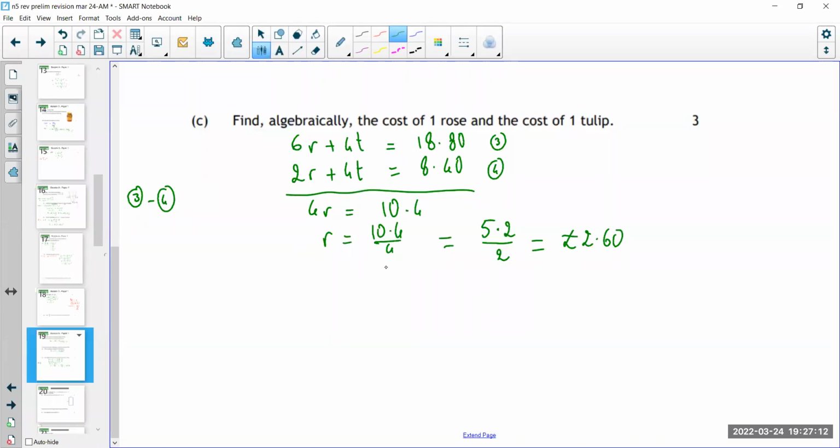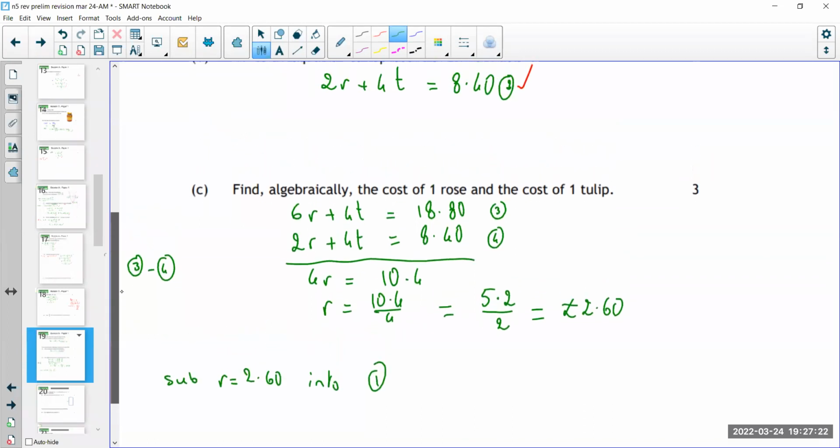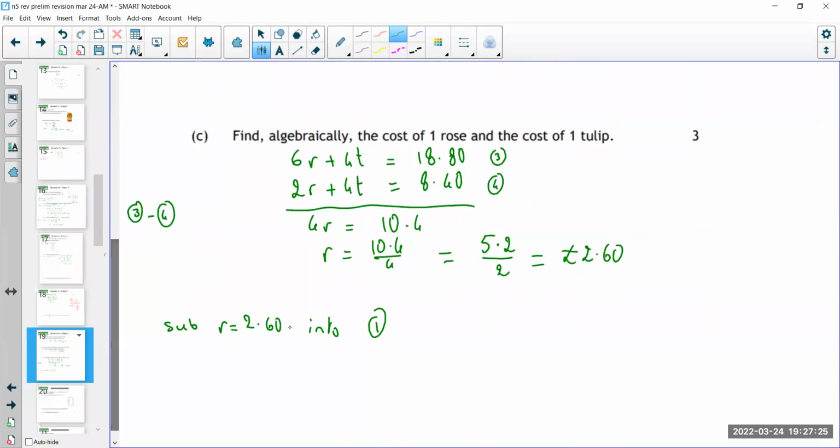Now I'm going to sub r equal 260 into 1: 3 times 260 plus 2t equal 940.